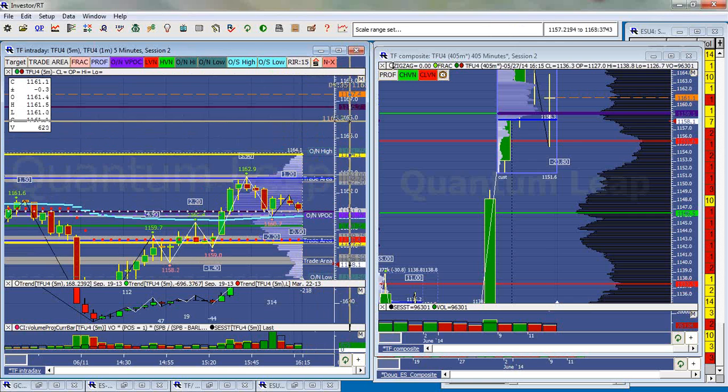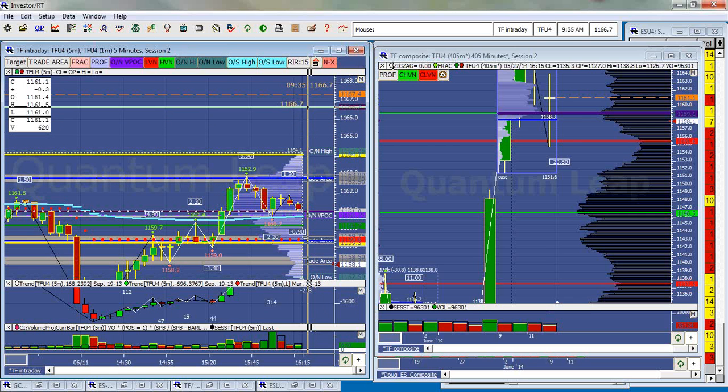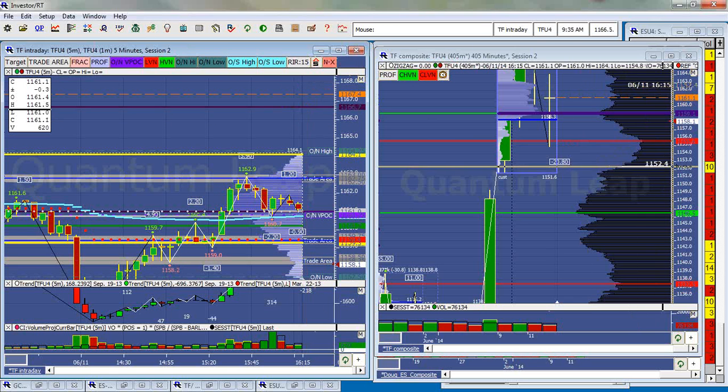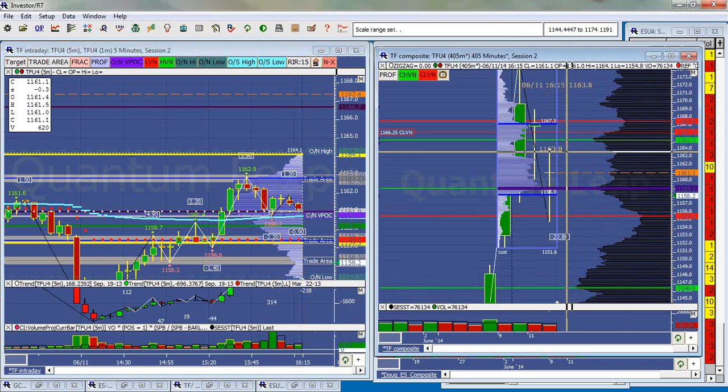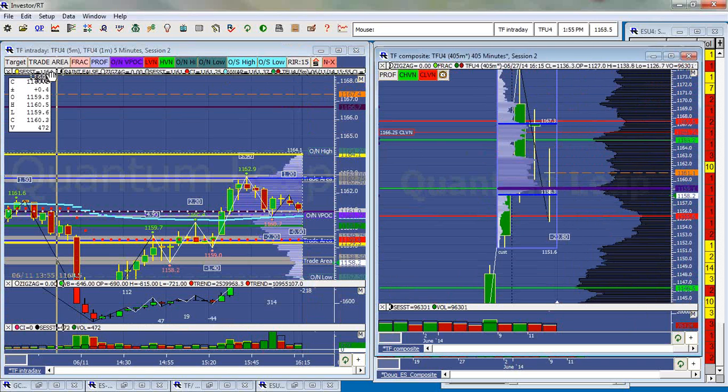Above that, you've got nothing all the way up until you get to the 66 area.